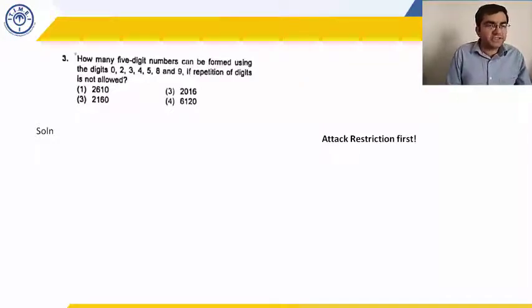So the first digit can be filled in how many ways? 6 ways. It could be 2 or 3 or 4 or 5 or 8 or 9. So you fill the first digit in 6 ways.